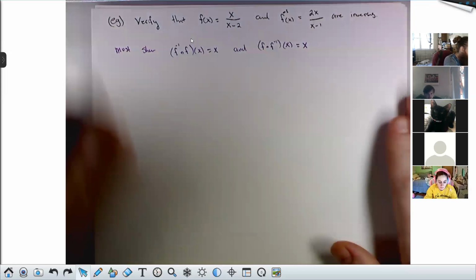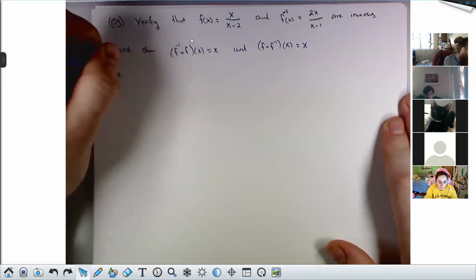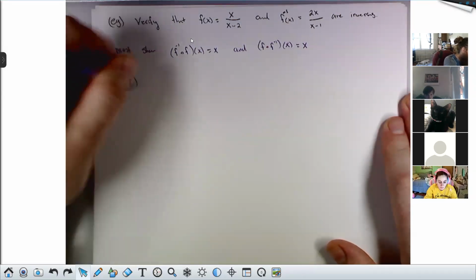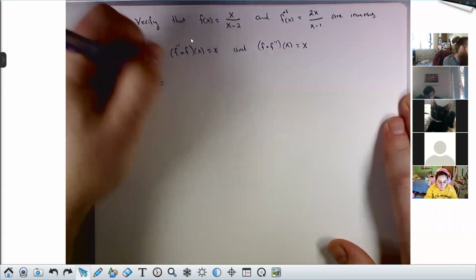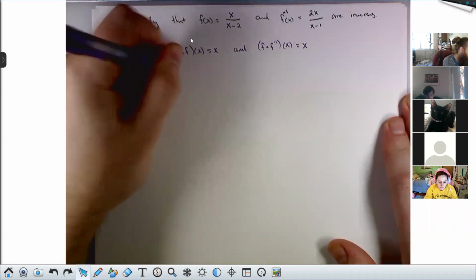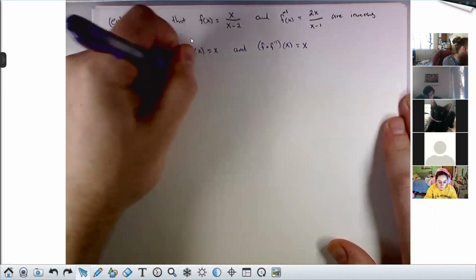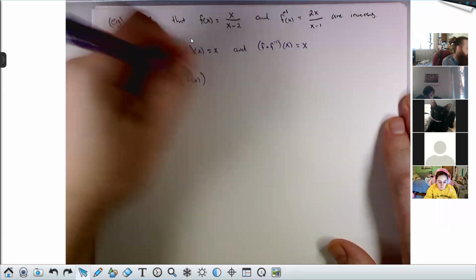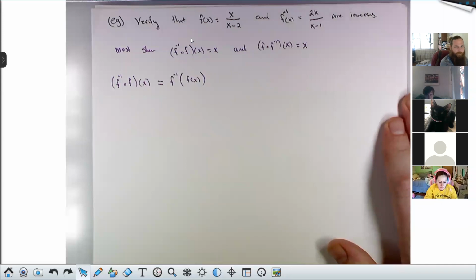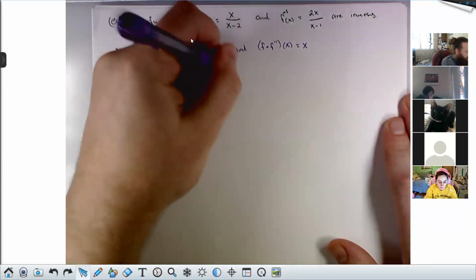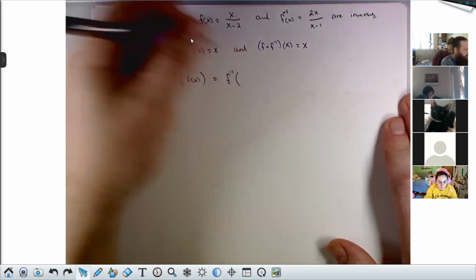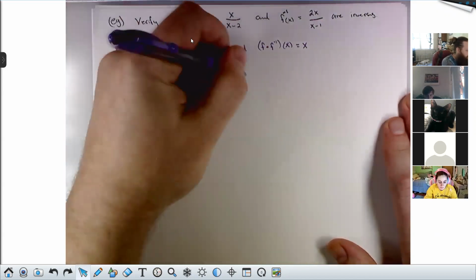So let me check the first. All right, f inverse of f of x is by definition what you get when you take f inverse and plug into it f of x. For these functions, that is f inverse of x over x minus 2.